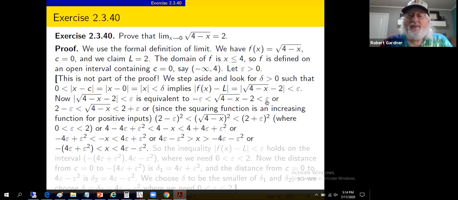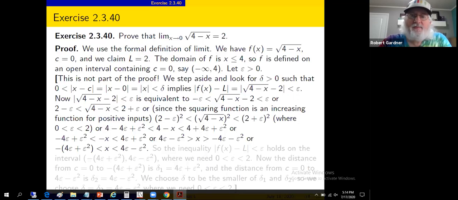Okay, so that produces this, and just as before, solve for x. So try to get x by itself. First thing we'll do is add 2 to each of those 3 pieces. Okay, add the 2, we get a 2 minus epsilon on the left, we get a 2 plus epsilon on the right, and this negative 2 will cancel with the added 2 to leave us with a square root part. Okay, so we're closer to having x by itself.